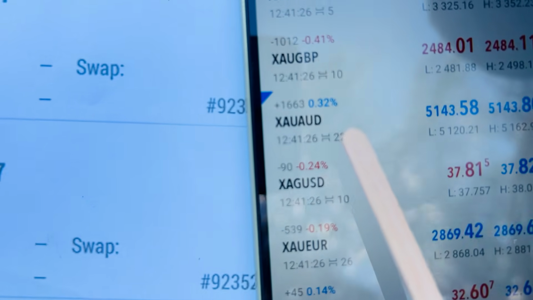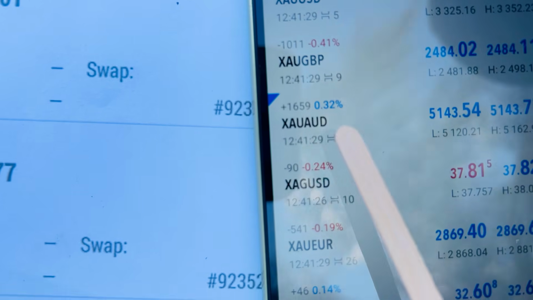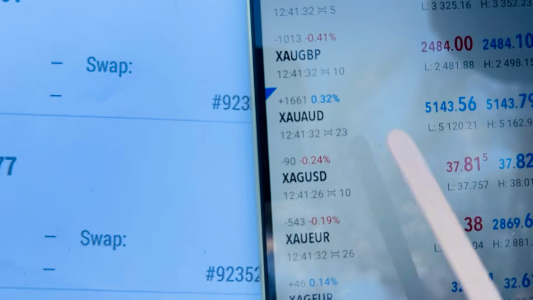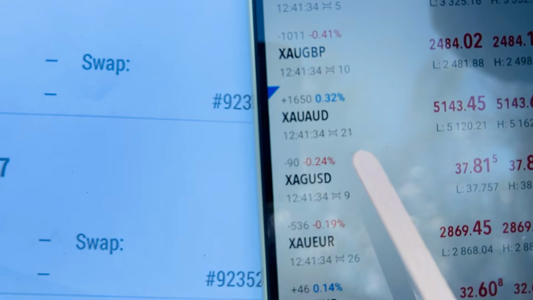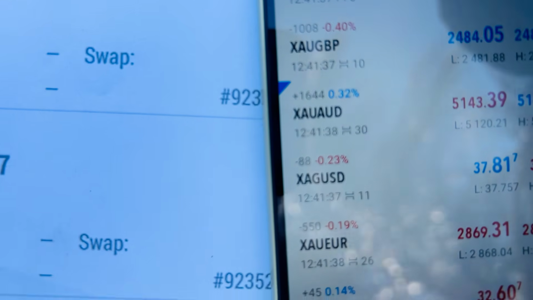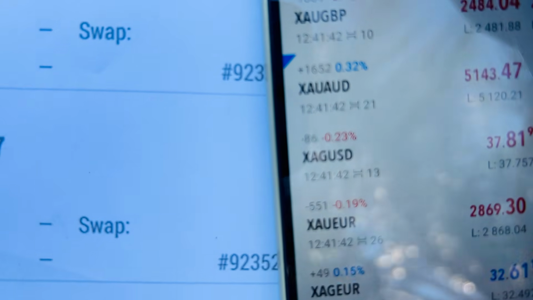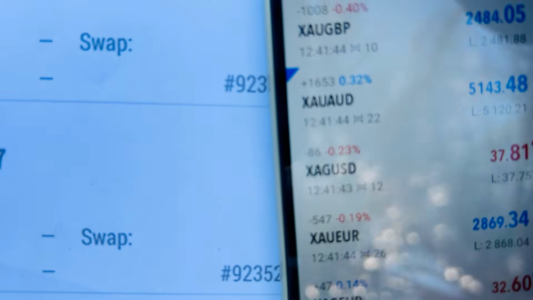The spread of this asset, XAUAUD, gold versus the Australian dollar, is 23. That is 23 points. And if you take this 23 points times 0.01, then you'll get how much money you'll be paying in spread to the broker.